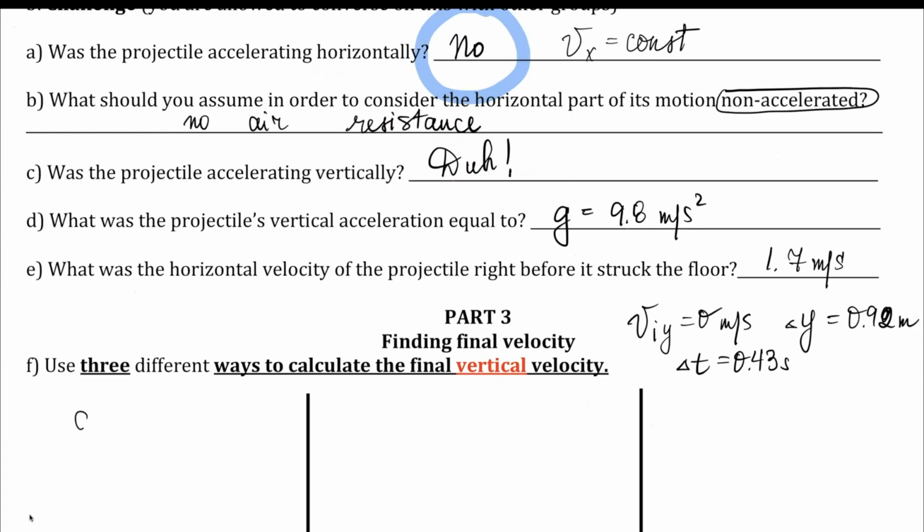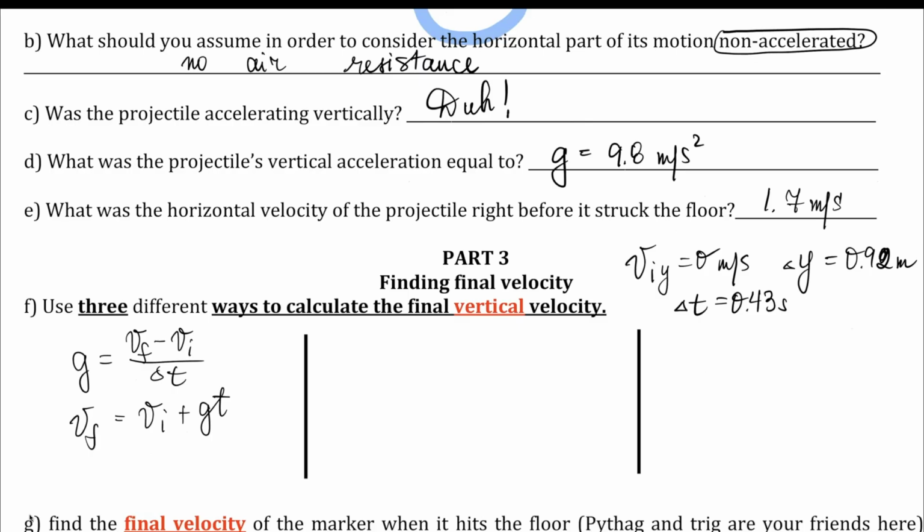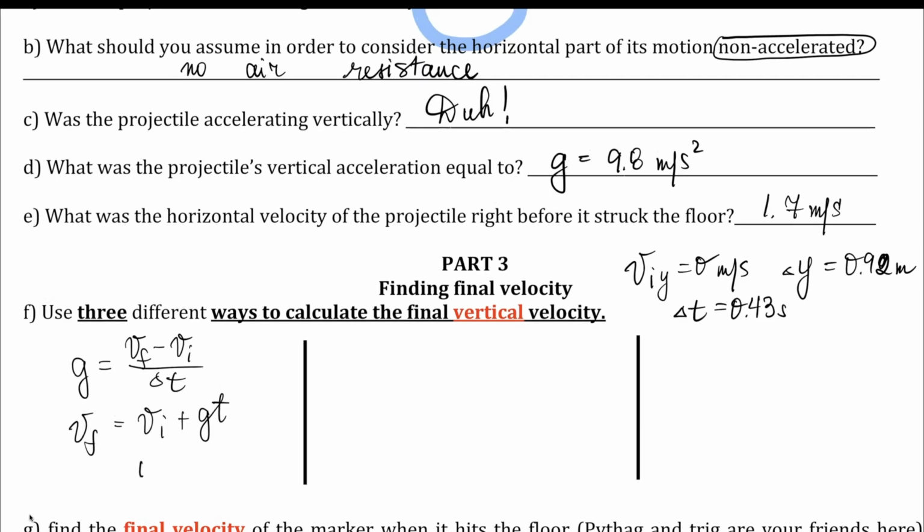The easiest one, G equals V final minus V initial over time, where V final is V initial plus GT. Well, V initial is 0, so 0 plus 9.8 times 0.43, that's about 4.2 meters per second downward. You're welcome to make it negative if you so desire.